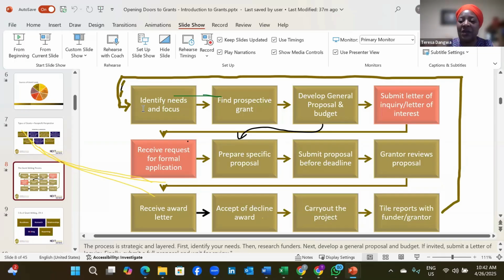You should have prepared way in advance. So that's one of their ways also of reducing the number of applications that come in that they have to deal with. So meet that deadline, submit it a few days before if you can, so that you are not running like a headless chicken on the day of. And then the grantors will review your proposal.